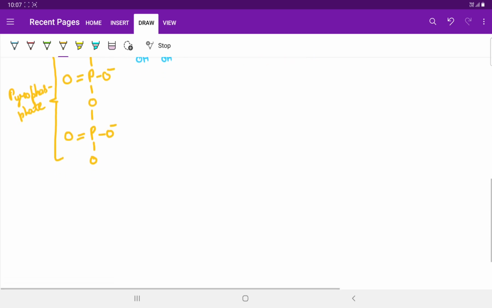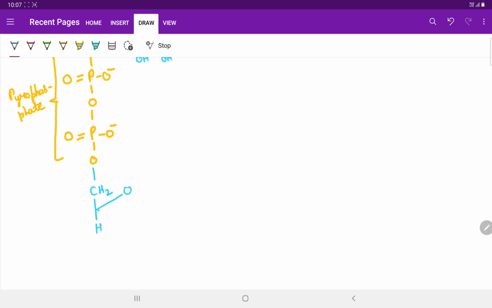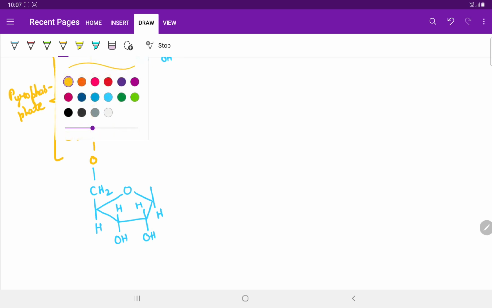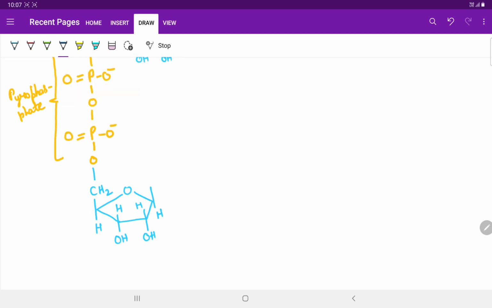And again a ribose sugar will be attached. I shall be using the same color again. And to this ribose sugar a molecule of adenine will be attached. See, from here an adenine molecule will be attached.